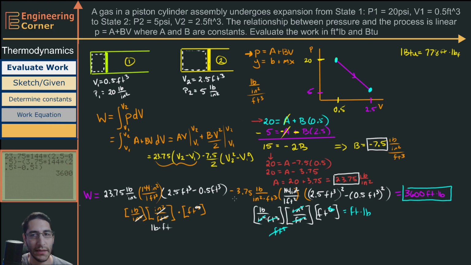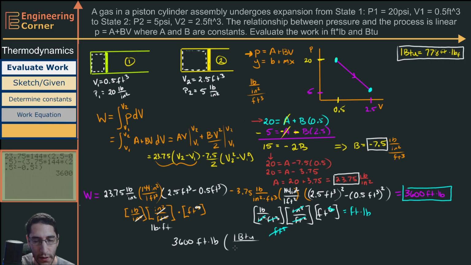And we're also asked to figure out what this is in BTU. I had put the conversion factor at the very beginning of the video up here. So 1 BTU is equal to 778 foot-pounds. So all we need to do is perform that conversion. So we're going to have 3,600 foot-pounds. Now, this is equal to 1 BTU over 778 foot-pounds.